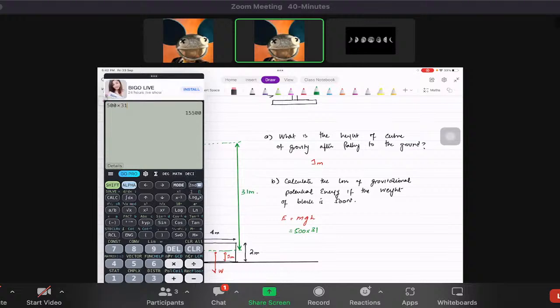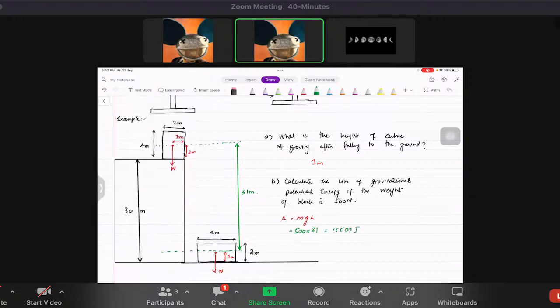And that is going to be 15,500 joules. So what we learn here is that basically always take the height from center of gravity to center of gravity.